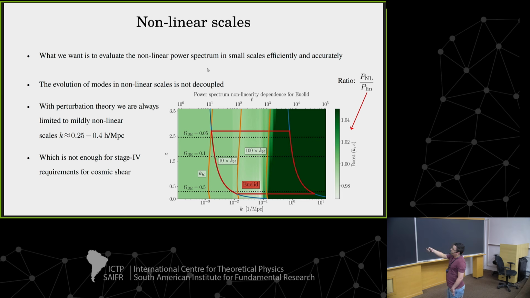At really low redshift we can go to really small scales, almost 7 inverse megaparsec. But at higher redshifts the scales follow these blue lines, which are just the relation between the multipole and the comoving distance.